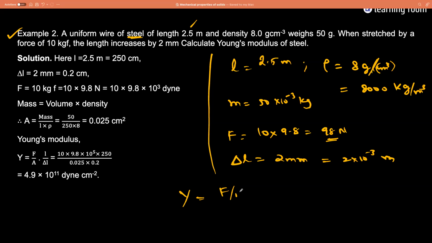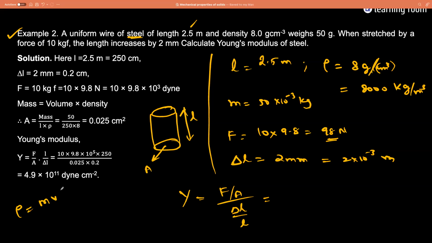So Young's modulus is equal to F by A divided by delta L by L. So why did they give you the density and the mass? If I take the wire like this, base area multiplied with length is the volume.